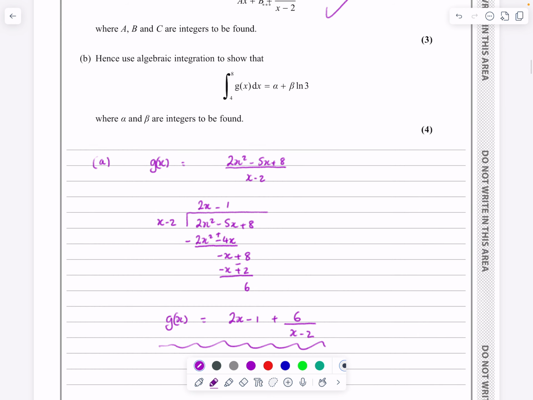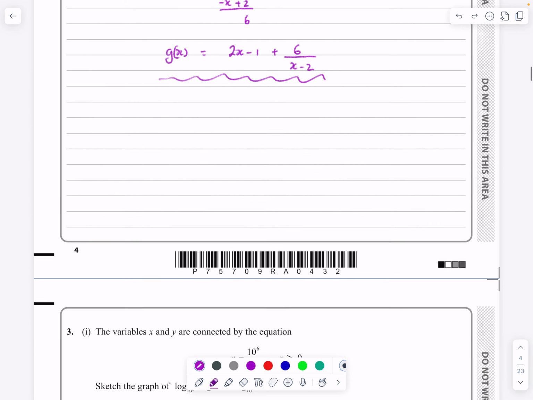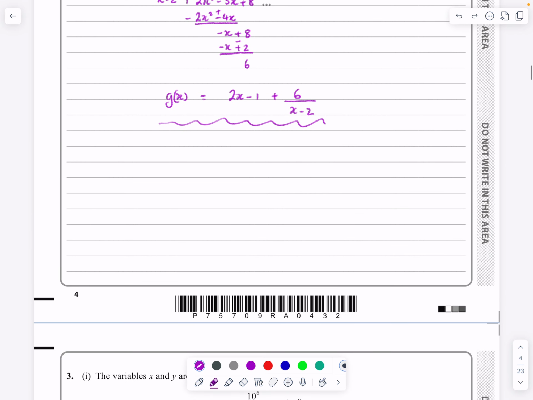Part B then says, can we use integration to show that the integration of this works out to be alpha plus beta lots of log 3? Yeah, absolutely we can. So part B here, we're going to find the integral between 8 and 4 of g(x), which will then be the integral between 8 and 4 of 2x minus 1 plus 6 over x minus 2 dx.